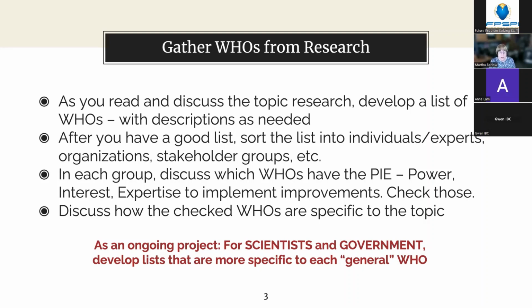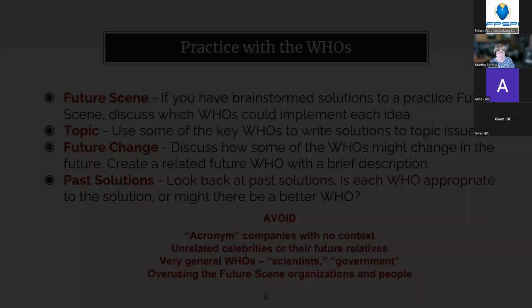We certainly get a lot of 'scientists will do this and the government will do that.' So this is an area that you can develop with students to understand that there are a lot more specifics in those two big areas.